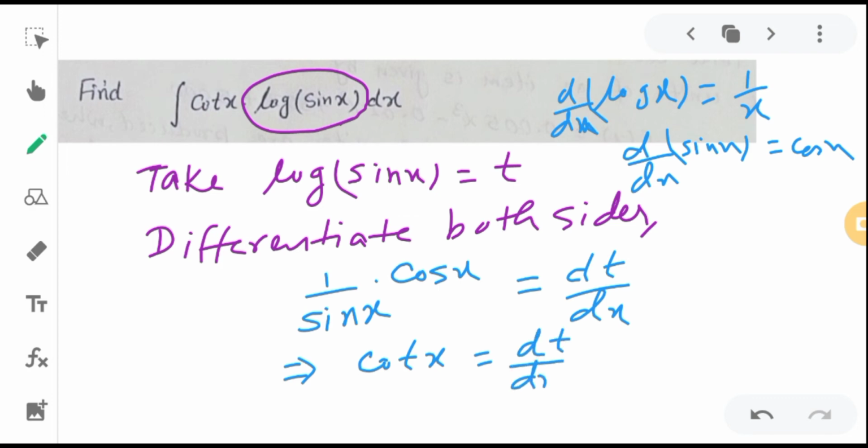So I will do cross multiplication. I can say that cot x into dx is nothing but dt.